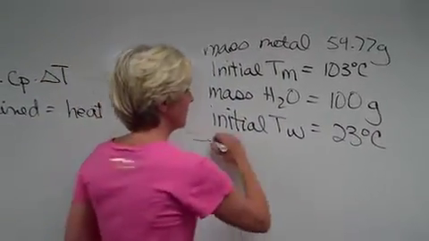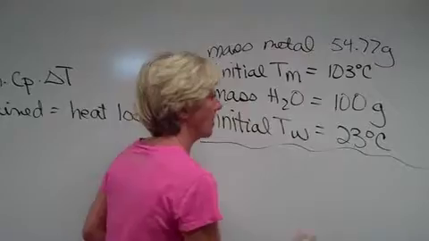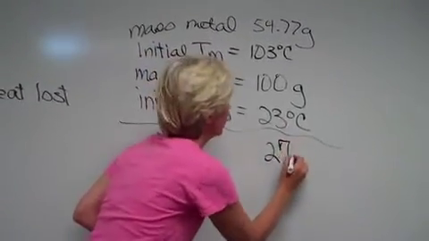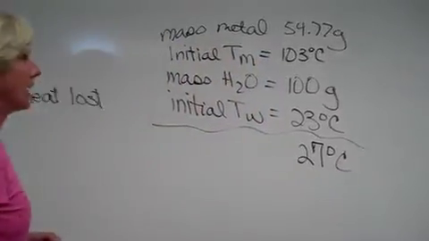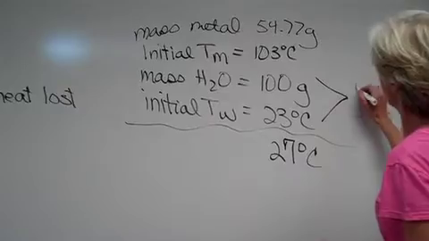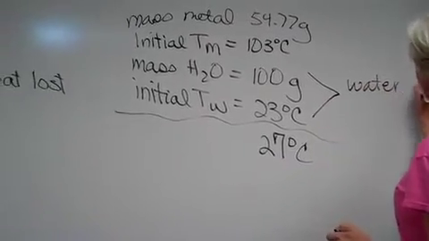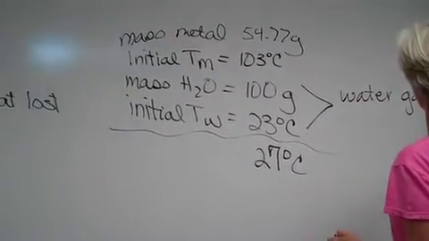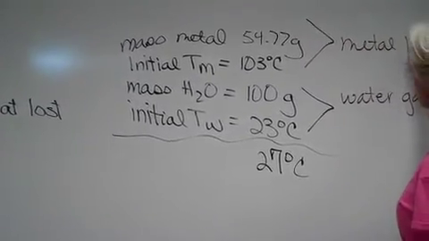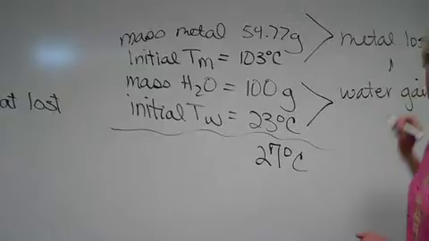The final temperature when we mixed them together was 27 degrees Celsius. Now what happened? The water gained and the metal lost heat. And they have to be equal.